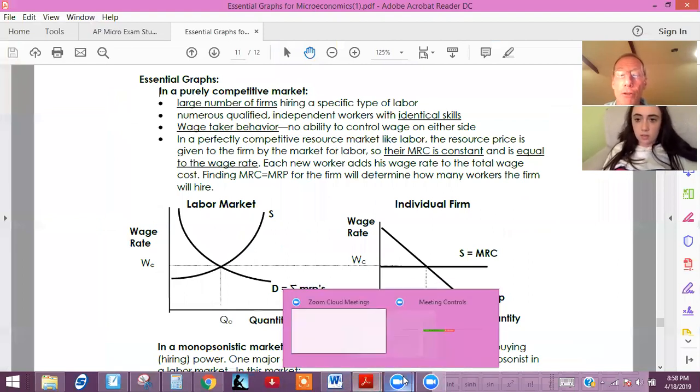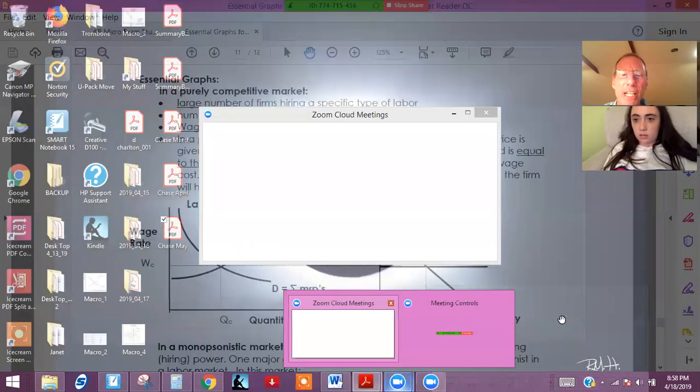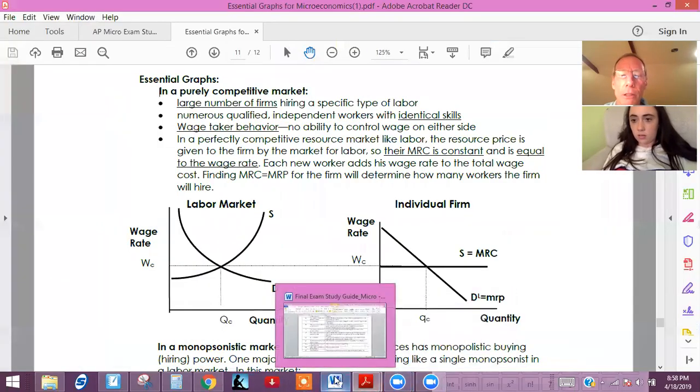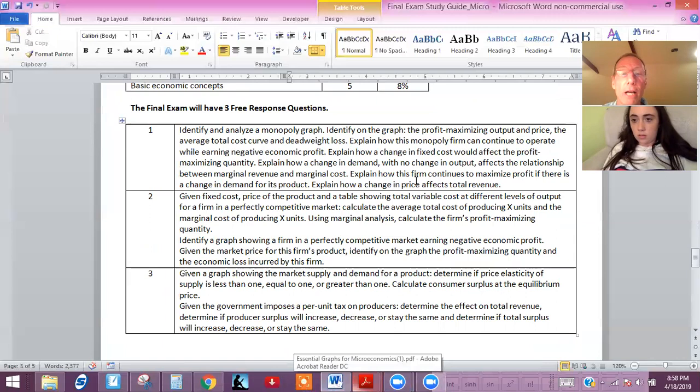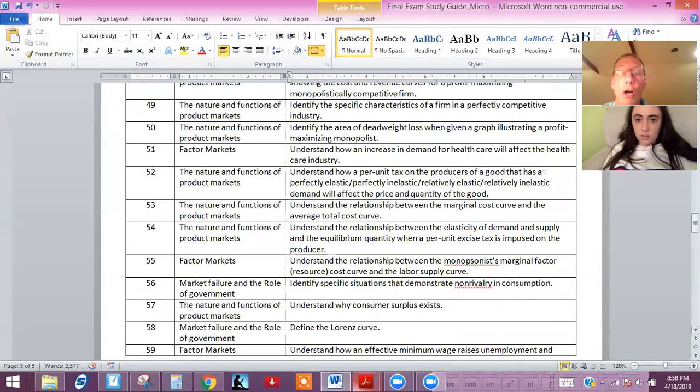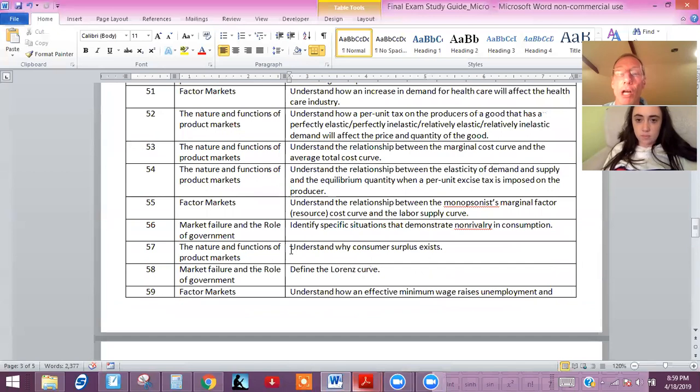And then I'm going to try to get a chance. I don't really need to, I don't think, but I've got to look at it again, because I also told you down here what you need to know for the free response. What I'll probably do is Tuesday, I'll finish up whatever I think you need to know, because a lot of these are just, like, understand why consumer surplus exists.